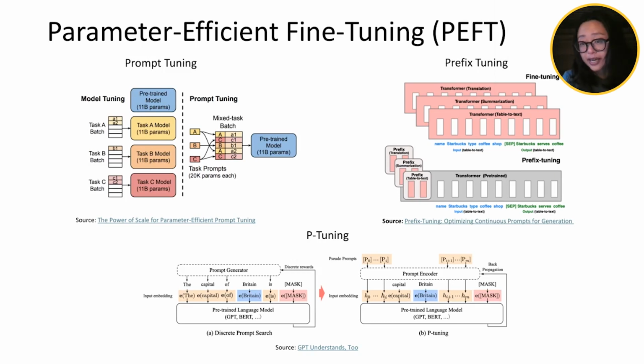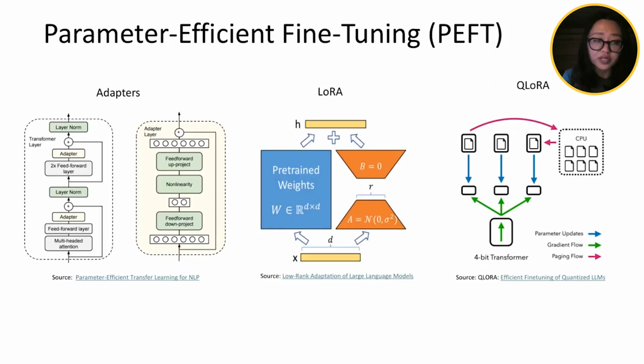So this is the one category, and for those who are interested, there's a reference associated with each of these techniques, and Hugging Face actually includes, I believe, all three of these techniques in their library as well.